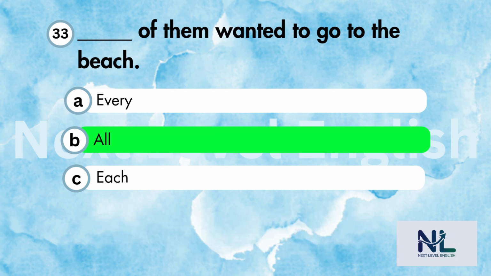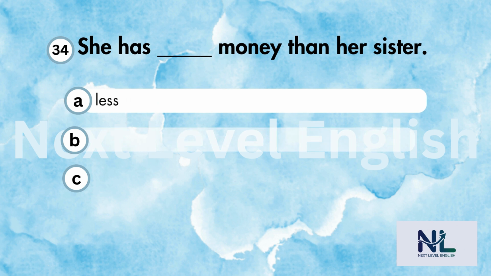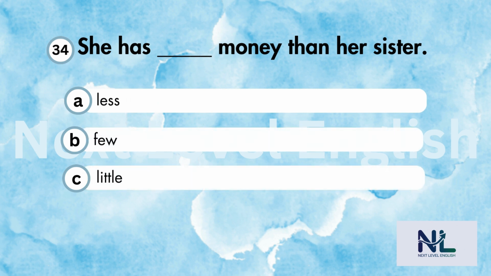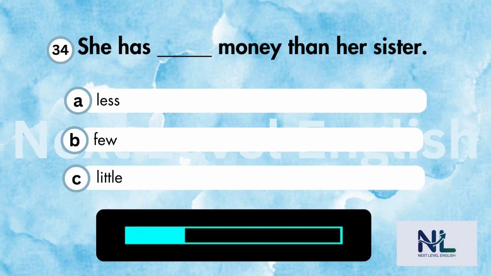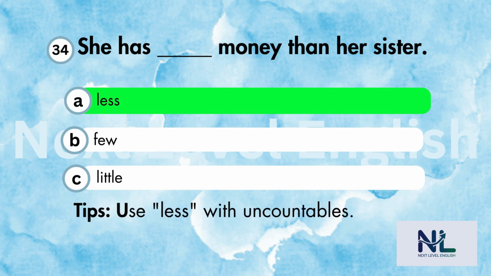All. Tips: use all for the whole group. 34. She has money than her sister. Less. Tips: use less with uncountables.